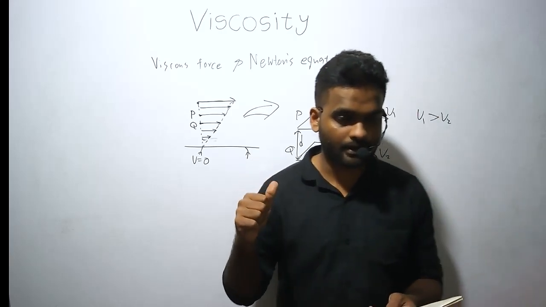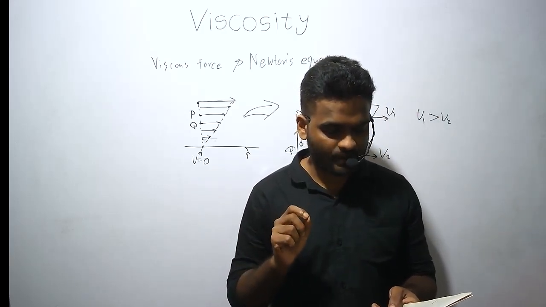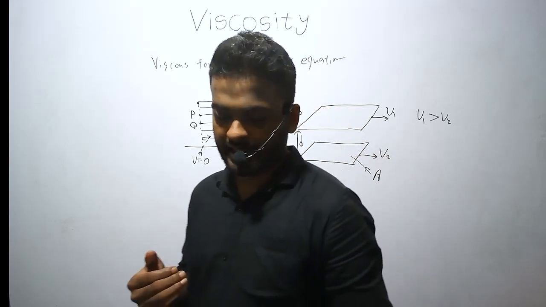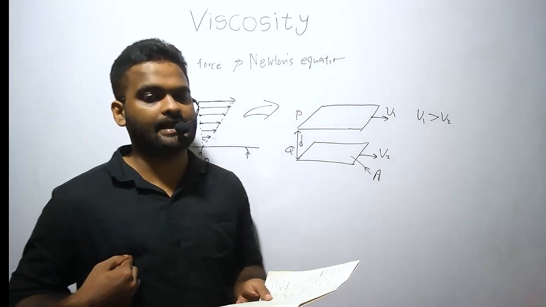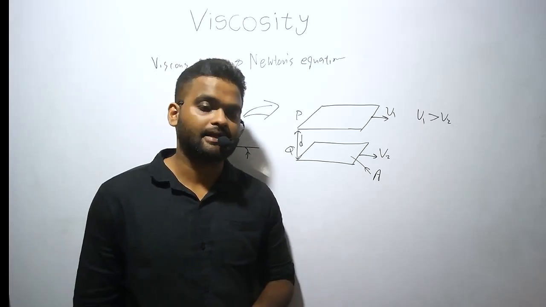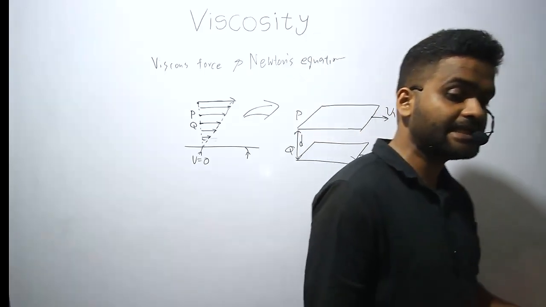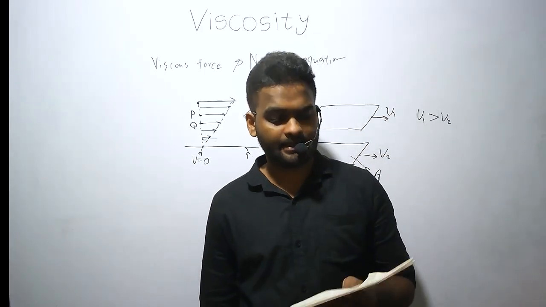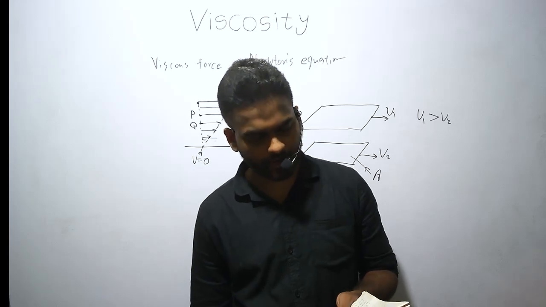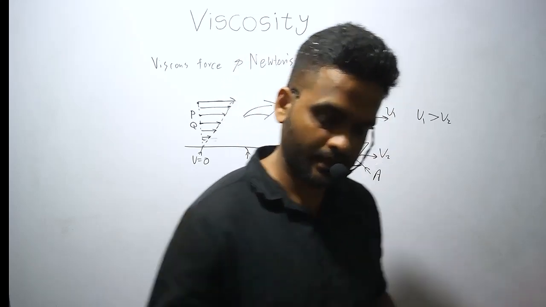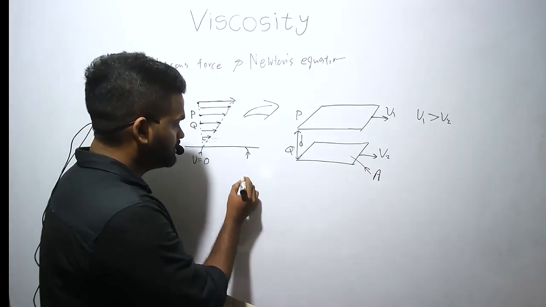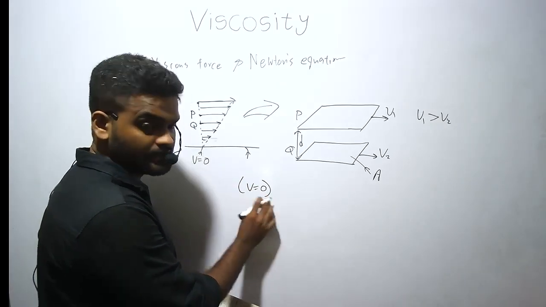Okay, write down: liquid layer in contact with static plate is at rest, within brackets v equals 0.